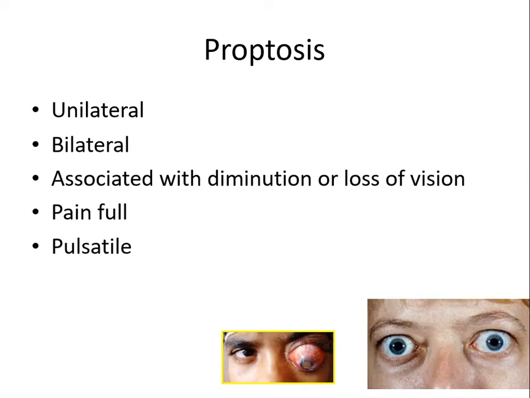Then, whenever a patient complains of proptosis, we should ascertain whether it is associated with diminution or loss of vision. There are certain causes in which diminution of vision occurs first, and proptosis is exhibited later. Like in optic nerve glioma, when a small glioma involves the optic nerve, the patient will have fall of vision first.